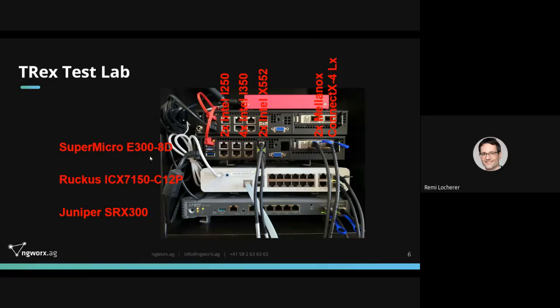It has 6 1 gig Intel NICs, 2 different types already on board. It has 2 times an Intel 10 gig NIC on board, and I added a dual port Mellanox 25 gig NIC to this server. So if you look on the internet what this server costs you, it's around 900 Swiss francs.